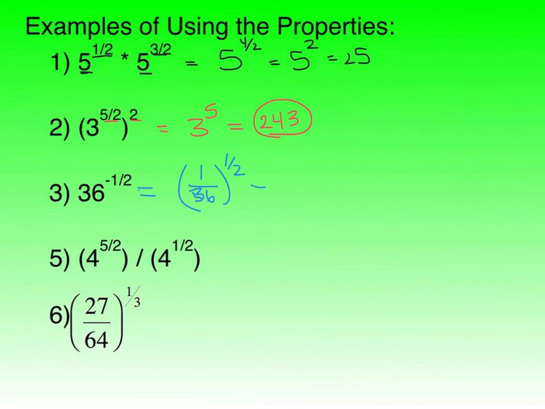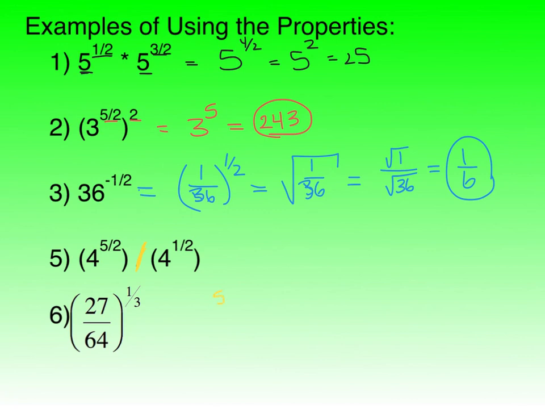Remember, a 1/2 power is the same thing as the square root. So that's the square root of 1 over 36, and that would simply become the square root of 1 over the square root of 36, which is just 1/6.